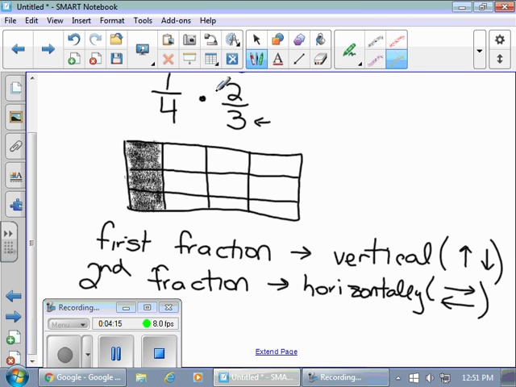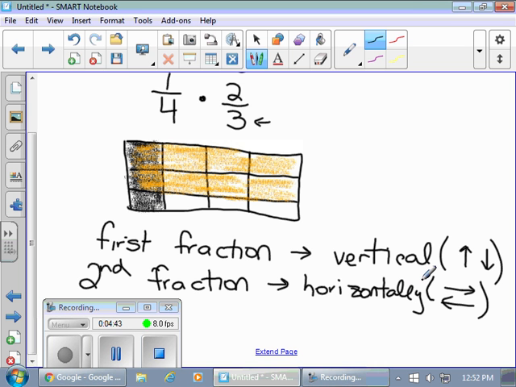Now, how many sections am I going to shade? 2/3. Now remember, 2/3 is this whole row going across this way. There's 1/3. I'm doing yellow, so mine will show. Here's 2/3. Everybody see what I did?